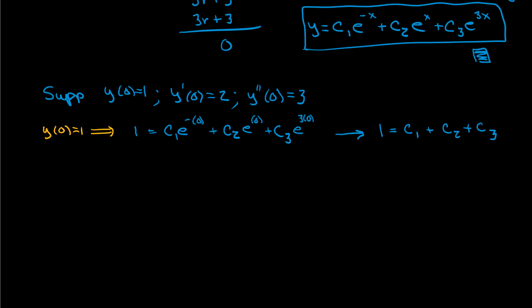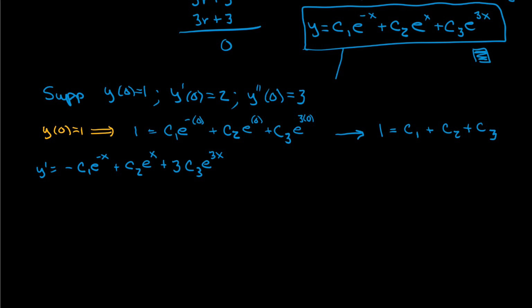Unfortunately, things start getting a little bit trickier. Notice in our second condition that we don't know about the function itself, but we know about its derivative. Uh-oh, that means we need to first compute the derivative. So y prime is going to wind up being negative c1 e to the negative x, plus c2 e to the x, and then plus 3 times c3 e to the 3x.